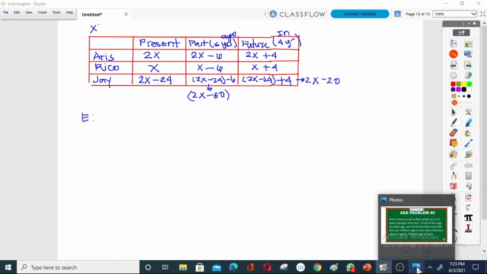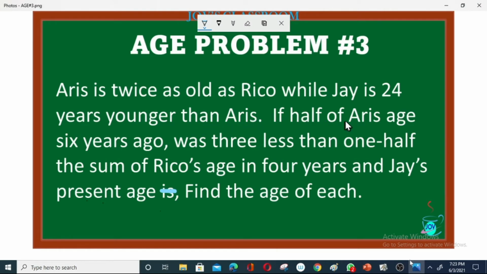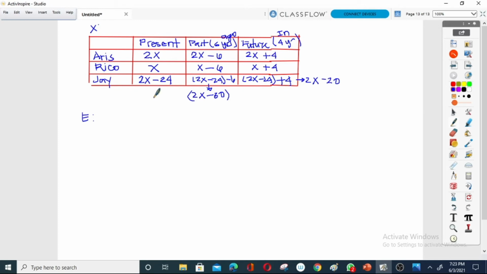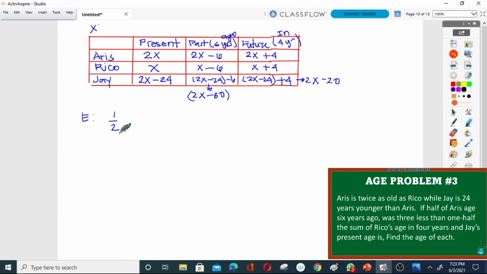The equation said, if half of Ari's age 6 years ago... Ari's age is 2x, so 2x minus 6. Let us first write that one: half of Ari's age 6 years ago, this is 2x minus 6.